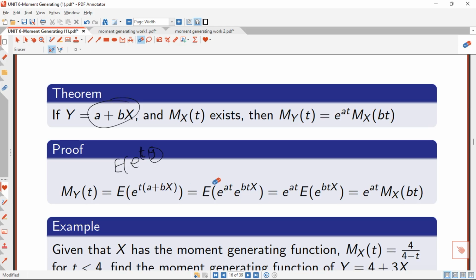This is what we have, and then we are going to expand, and we see clearly that this a times t does not include the random variable, so it is going to be a constant. So you are going to factor it out to get e raised to the power at times the expectation of e raised to the power btX. Since X is the random variable, we are also going to replace it with bt, and once we expand, we get this function.